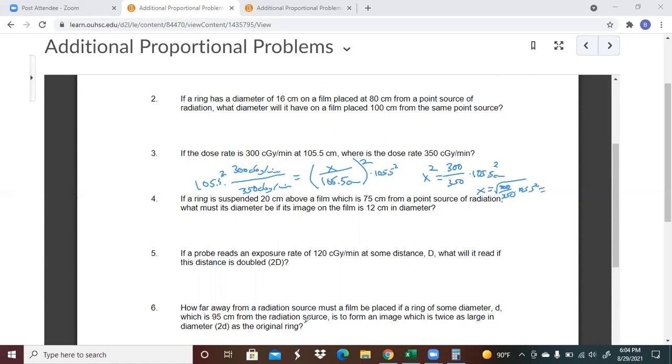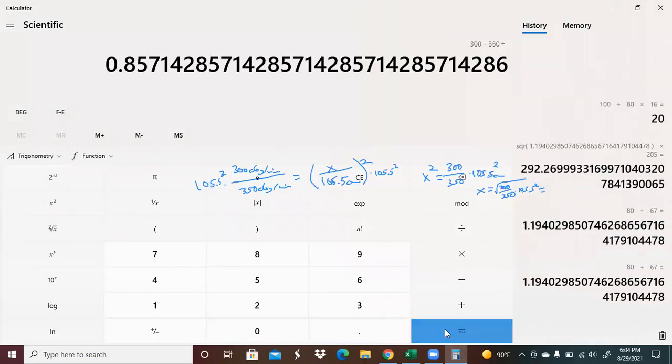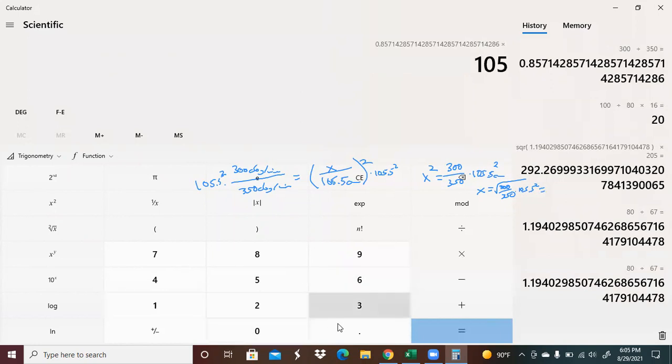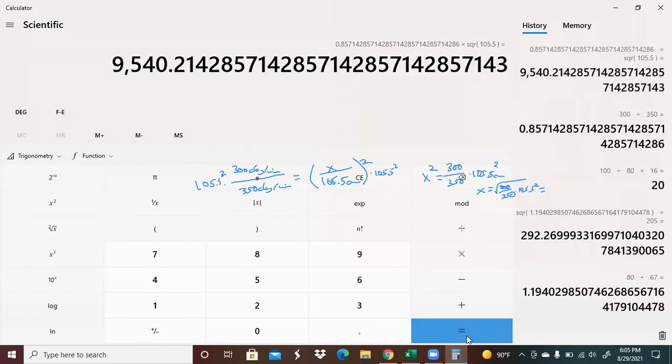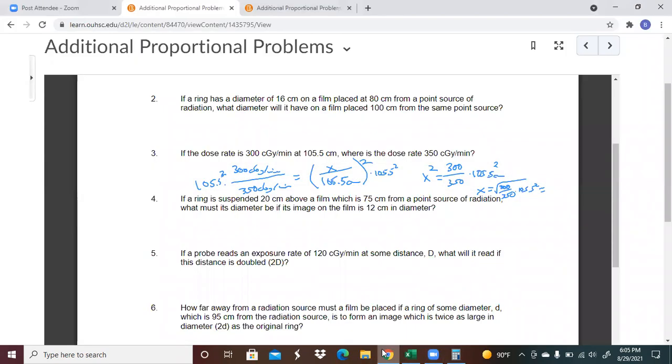Well, let's find out. Go over here, clean all of this out. So I've got 300 divided by 350 is equal to that times 105.5 squared is equal to this. And then we take the square root of that. So we come up with 97.67.